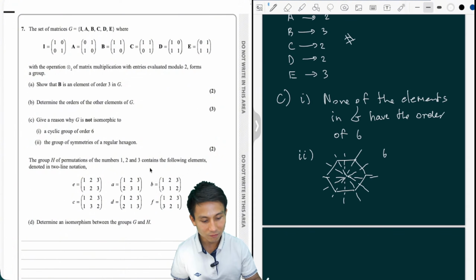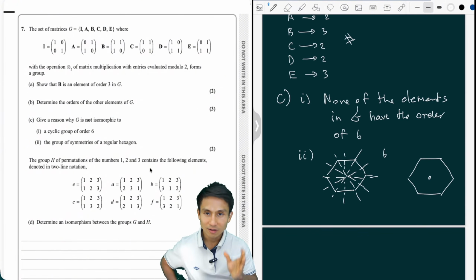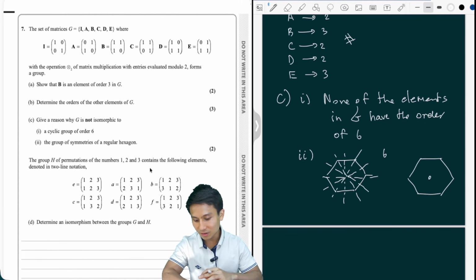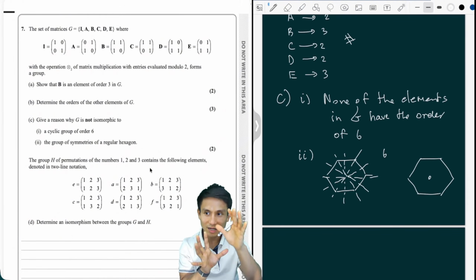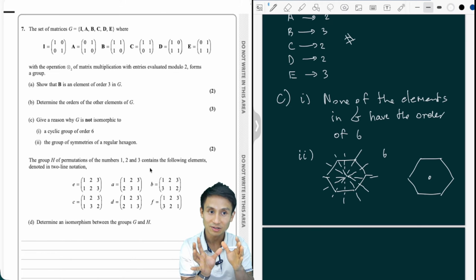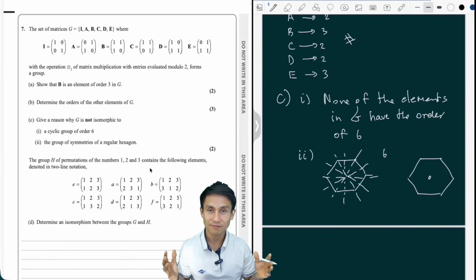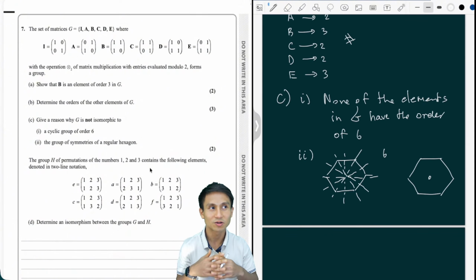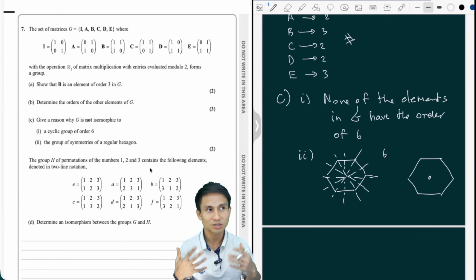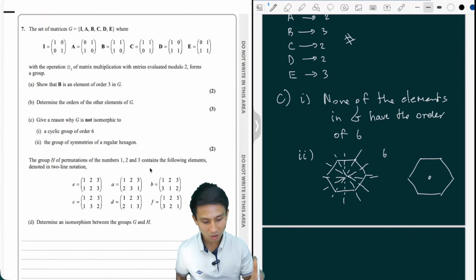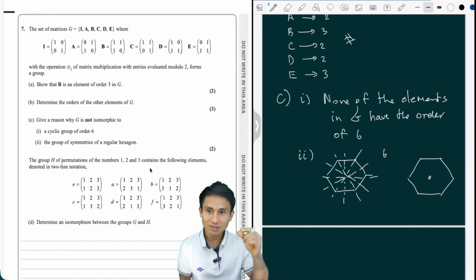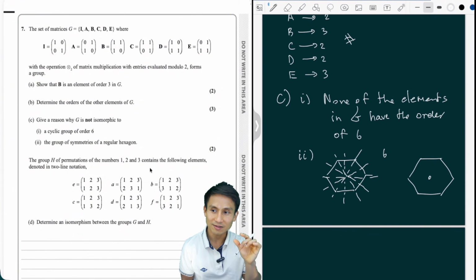And then if you rotate the hexagon, for every 60 degrees you rotate it, it becomes the same orientation. So I'm talking about the rotational order of symmetry here. You can rotate every 60 degrees to get the same shape.